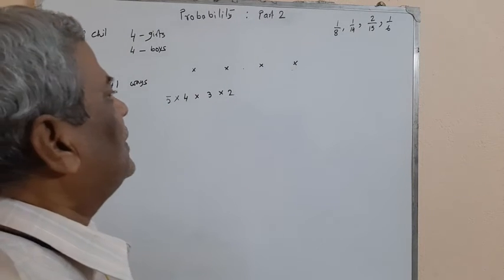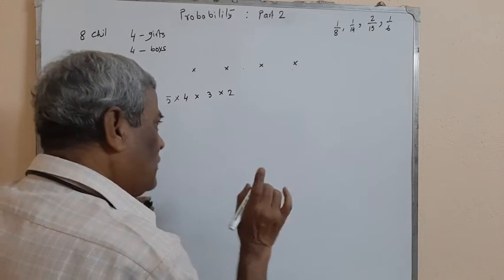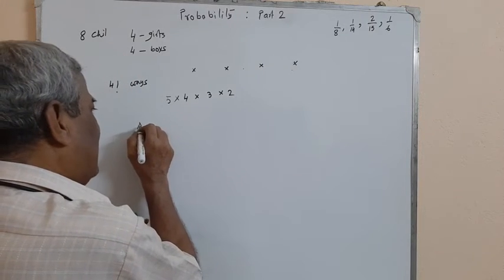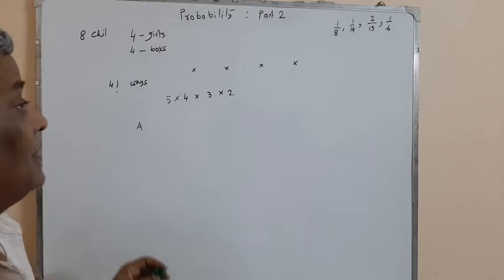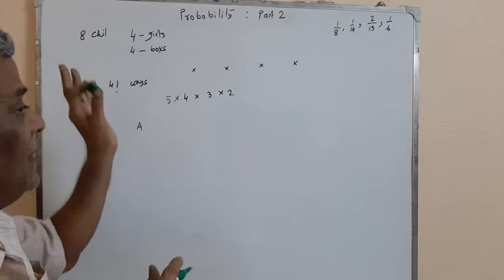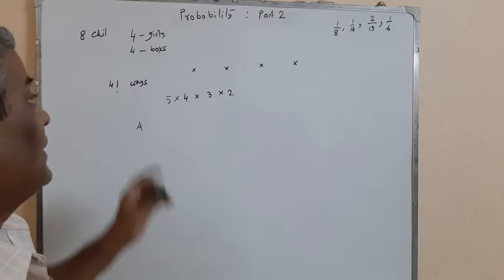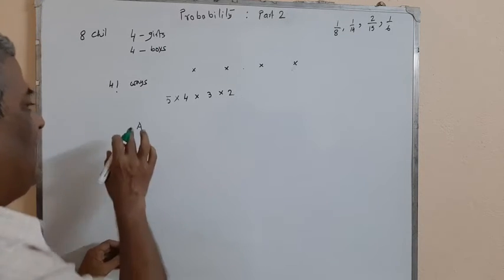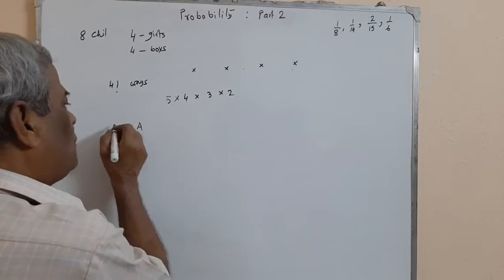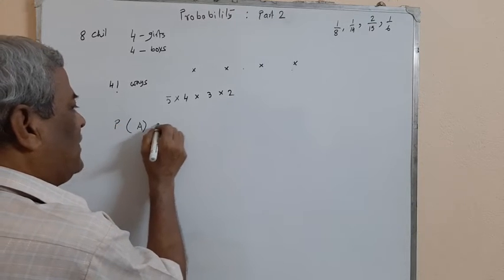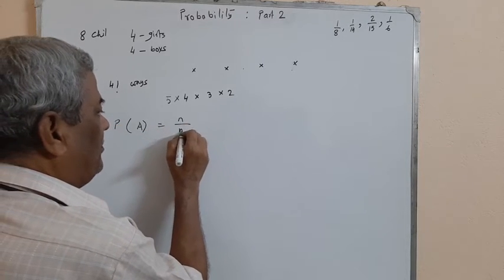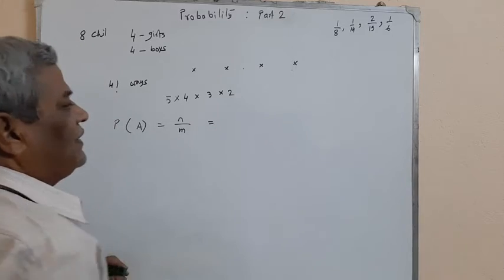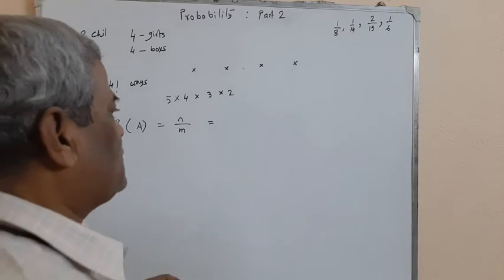Now suppose that A is the event that the 8 children can be seated so that no 2 girls are side by side. A is that event. So probability of A is equal to m by n. What is m?